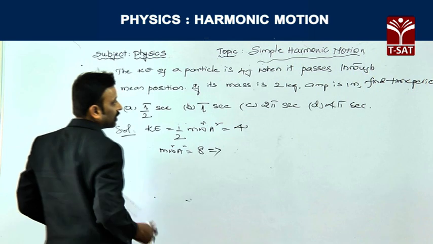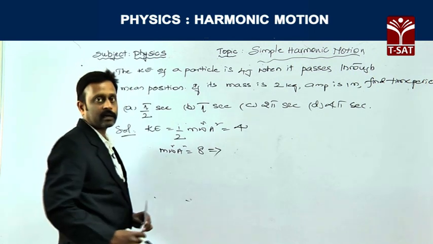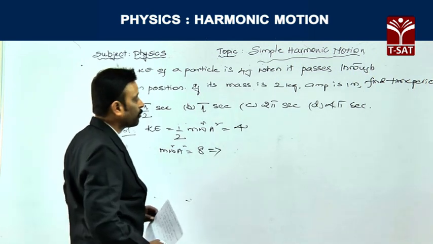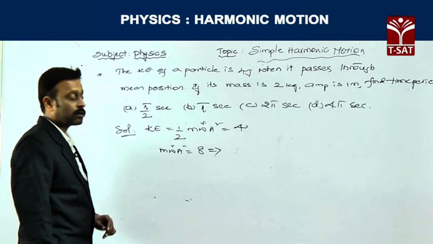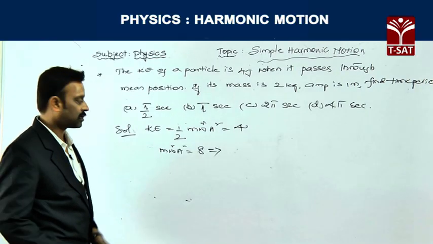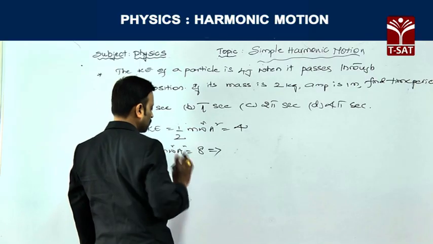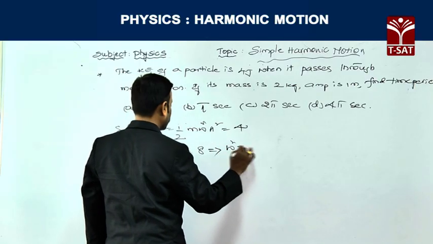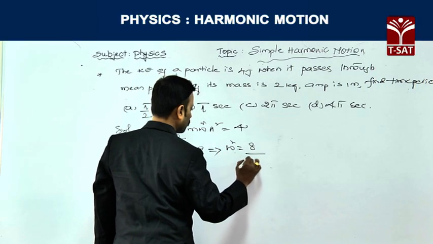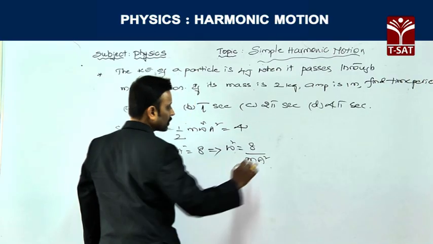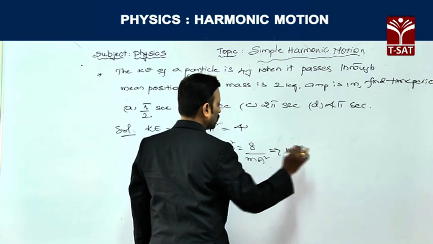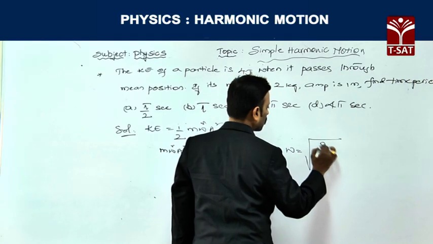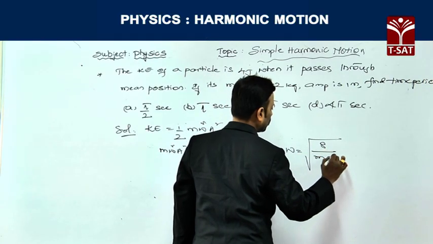What you are asked to calculate? Time period. The formula for time period is 2 pi by omega, where omega is angular velocity. So, for that sake we need angular velocity first. From this expression, omega square is equal to 8 by m into a square. From this, omega is equal to under root 8 by (m into a square).